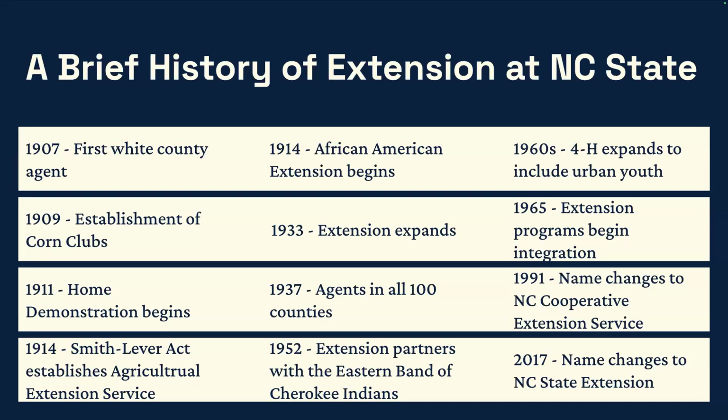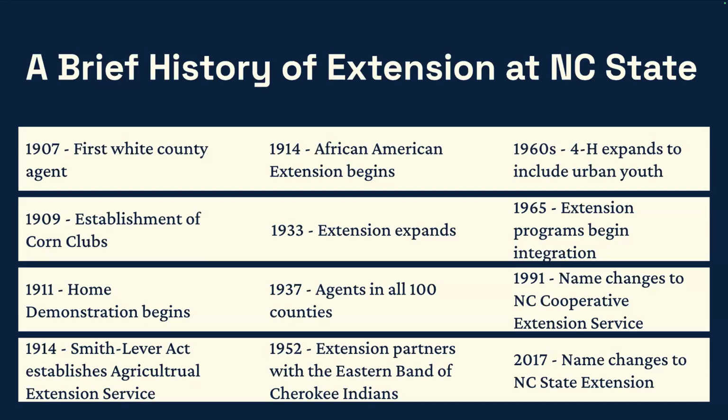Then in the 1960s, 4-H began to expand to include urban youth. The population of rural North Carolina was said to be declining, and Extension was looking to expand to research and activities beyond farms. Extension programs in North Carolina integrated in 1965, with the two land-grant universities working together on agricultural extension in the state.